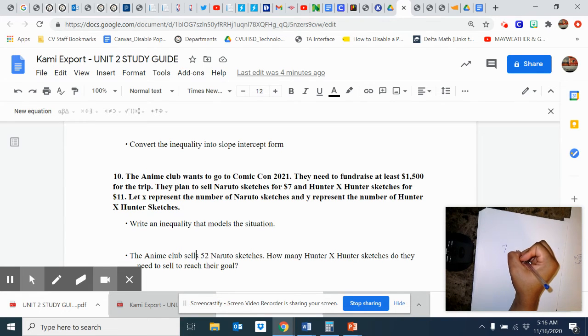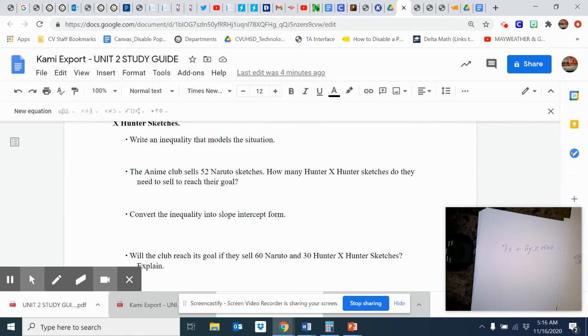So 7x for Naruto plus 11y for Hunter x Hunter, at least, greater than or equal to 1,500. Now, Anime Club sells 52 Naruto sketches. How many Hunter x Hunter sketches do they need to sell to reach that goal? So that's going to be 7 times 52 plus 11y, 1,500.